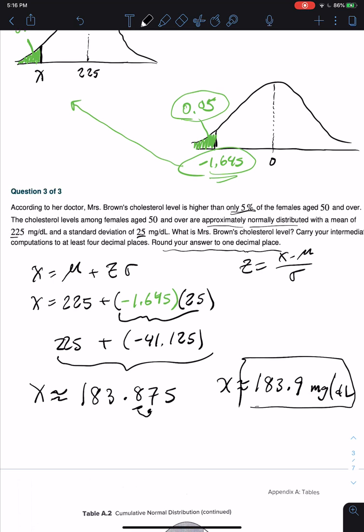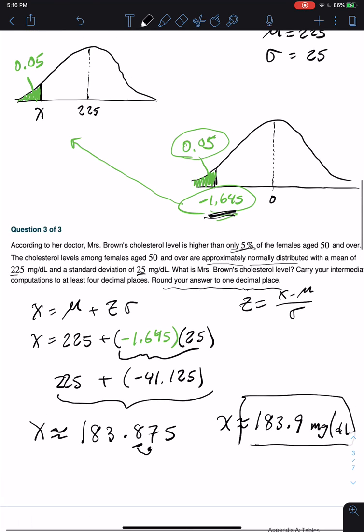On my picture, what we did here was, this is our z-score that sort of answers the question, but what's the actual raw score that answers the question? That's what we just found, approximately 183.9, and that would be milligrams per dL.